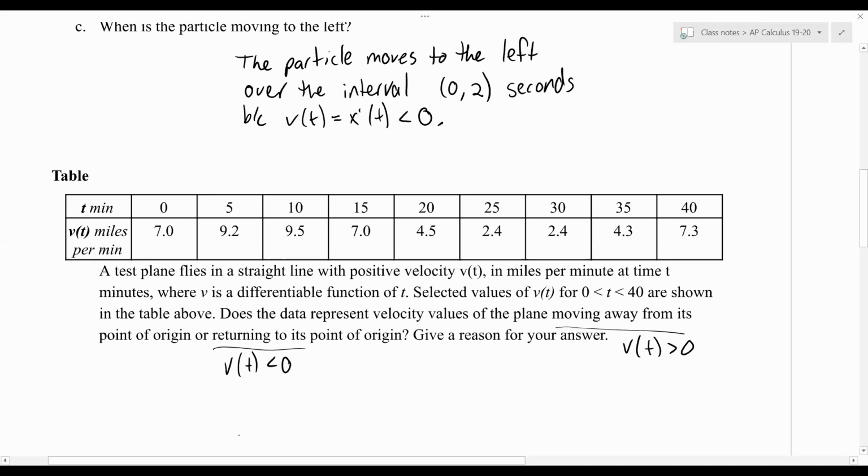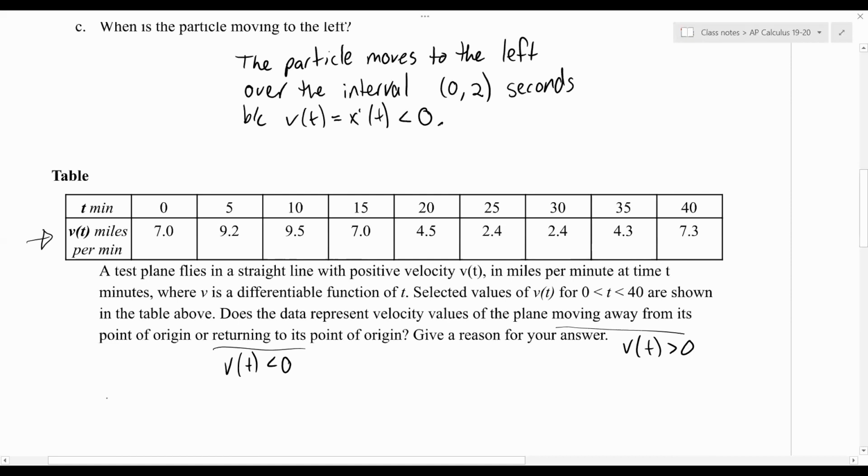Well, if we look in our table, this is our velocity, and all these values are positive. Now, they go up and down, but no matter which one you look at, it's going in the positive direction. So it's speeding up and slowing down, but the velocity stays positive, so it is always moving away from the source.